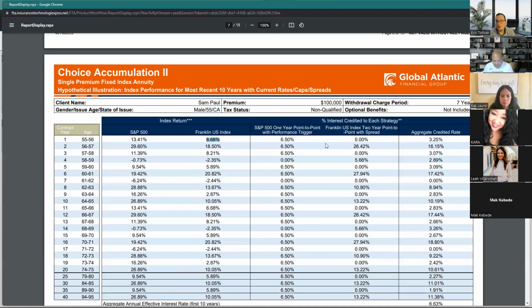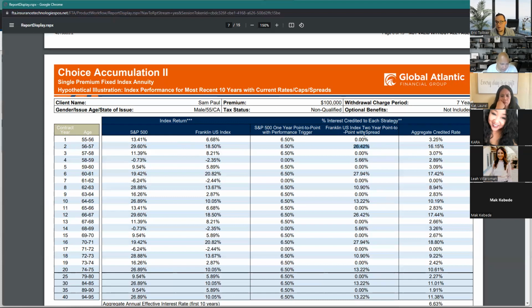Sorry, my bad. 6.68 plus 18.5. 25 minus 26. Okay, sorry, my bad. The spread is 1.25. So if you add these two minus 1.25 every 2 years, this is the return, 26.42. That means it actually returned a little over 27%, probably 27% something.